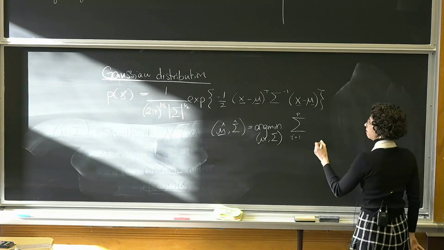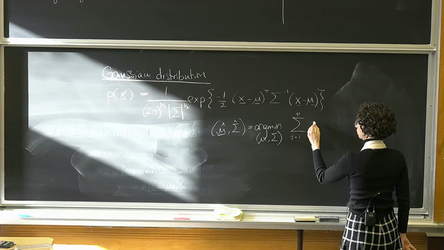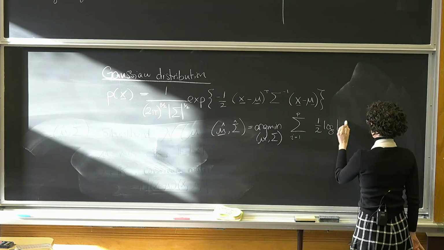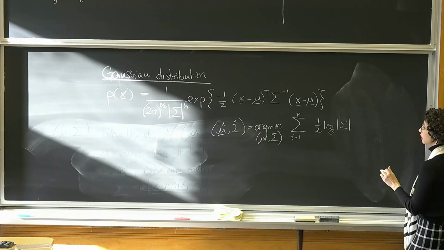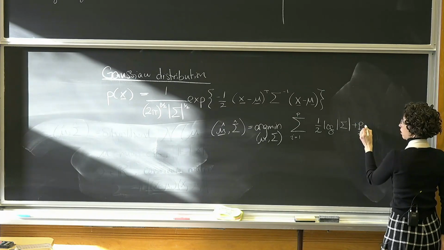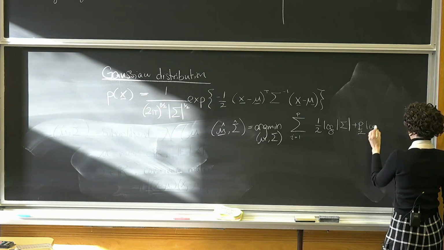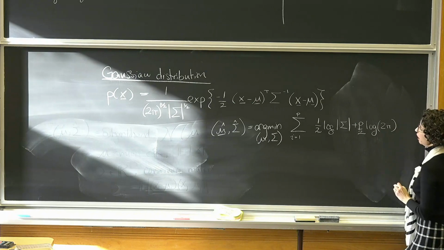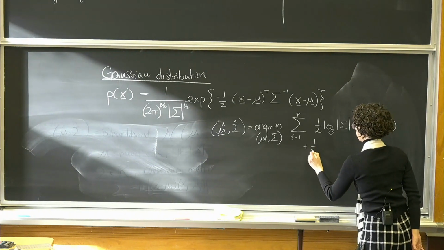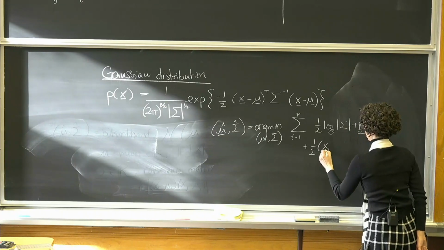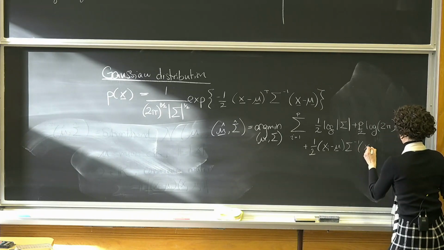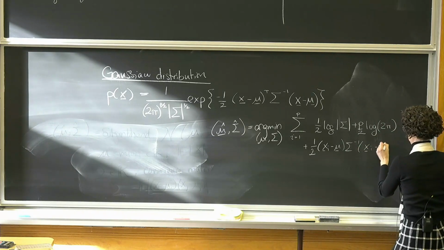So we are going to have 1/2 log determinant of sigma plus p over 2 log 2 pi plus 1/2 xi minus mu transpose sigma inverse xi minus mu.